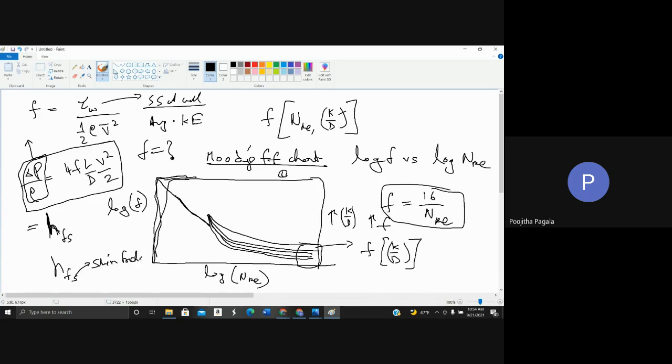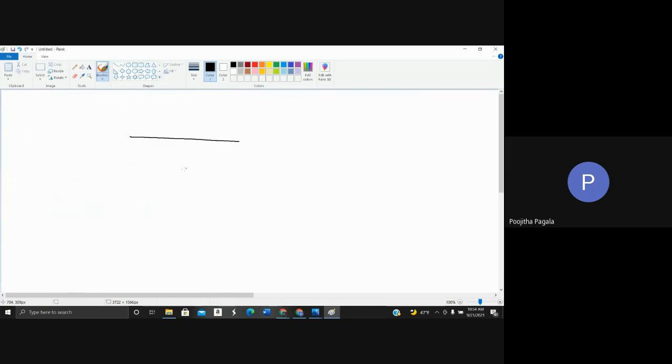So this is another important point. You have to note that HFS corresponds to the losses only because of skin friction. And there are two kinds of friction which occur. One is skin friction and the other one is form friction. Whenever you have a pipe and you're looking at fluid flow near the wall, there is a drag force which the solid exerts on the fluid.